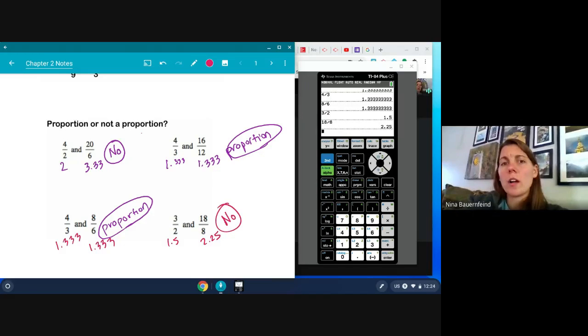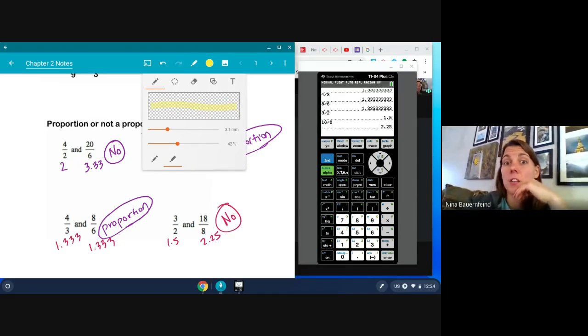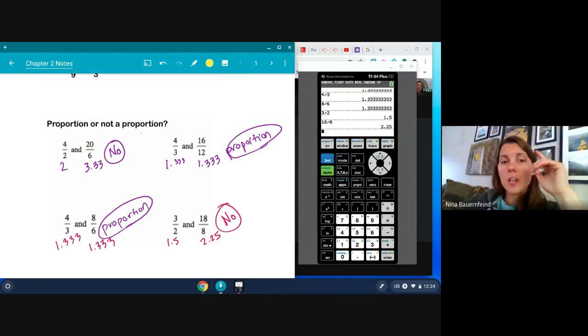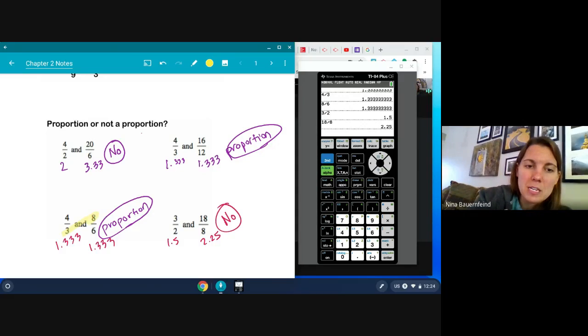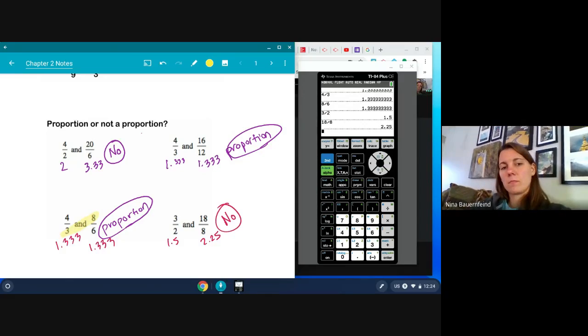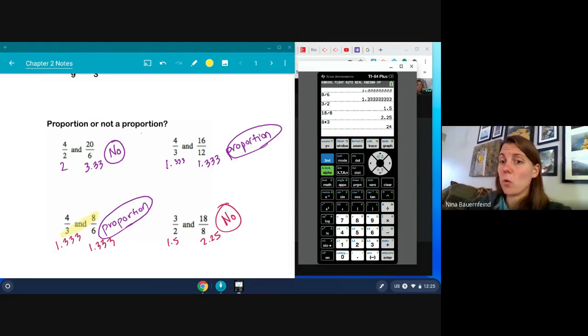So there is one other way, and we're actually going to use this other method in our work. There's another way that you can check if it's a proportion. Here's something interesting. Do you guys know what 8 times 3 is? It's 24.